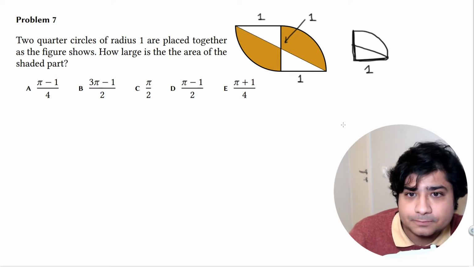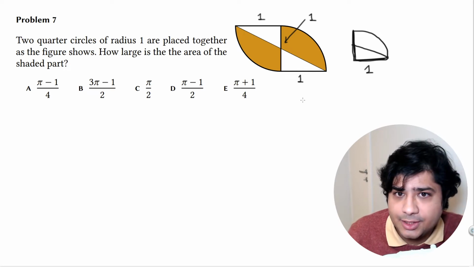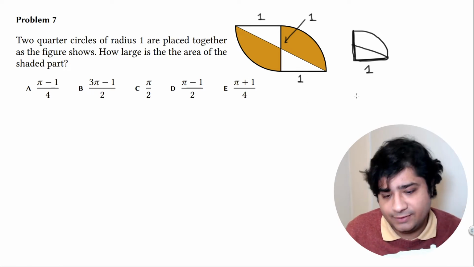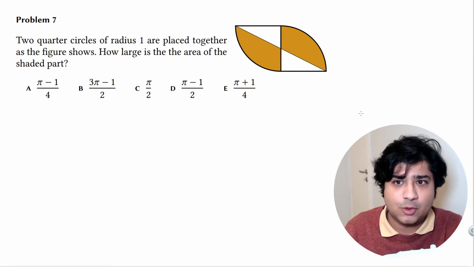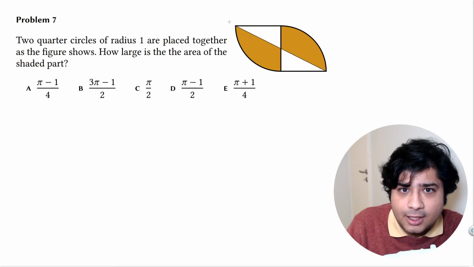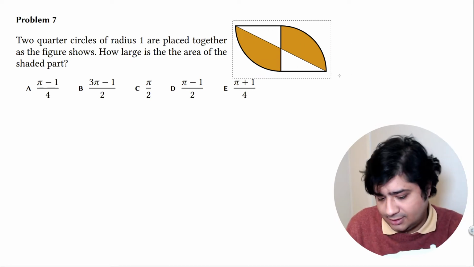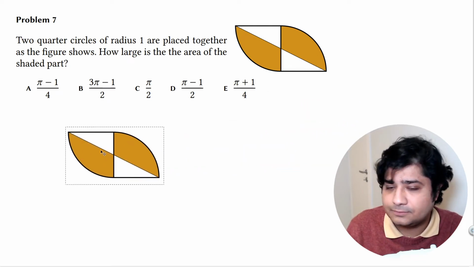All right, so let's try to make a replica of this. Let me just duplicate this. I don't have to draw this much and waste your time. So let's copy this and paste it right here. There we go.